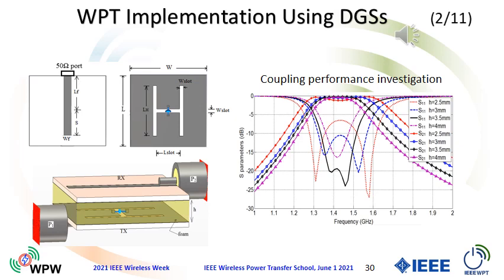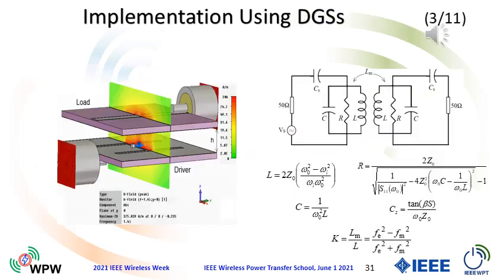The elements of each resonator and coupling coefficients are extracted from the electromagnetic simulator. The equivalent circuit parameters L, C, and R of the resonator are obtained from the resonance and the cutoff frequencies.